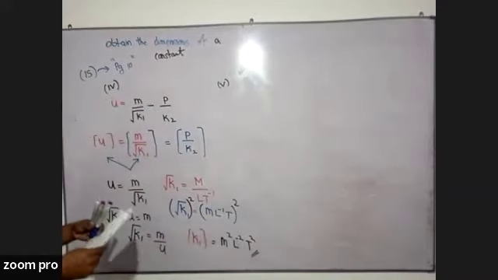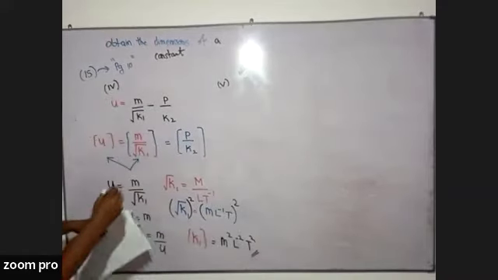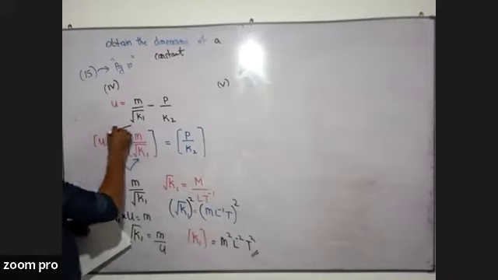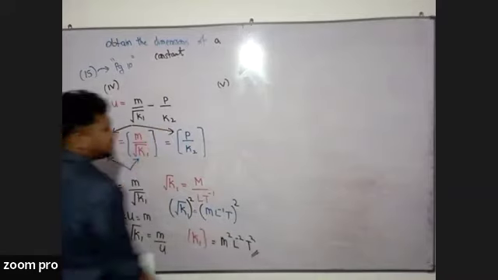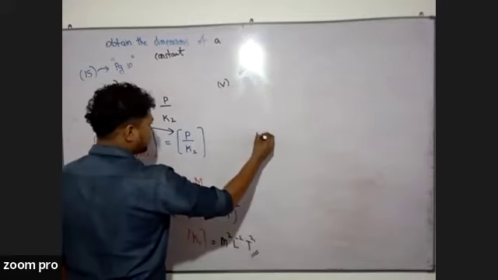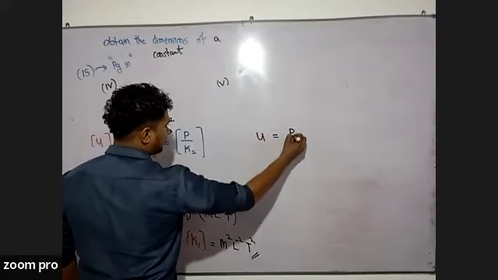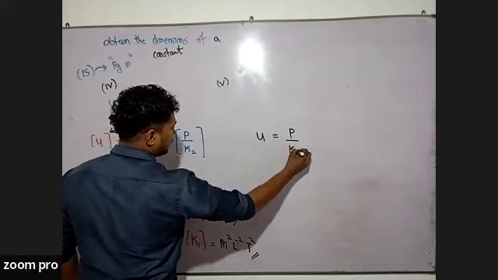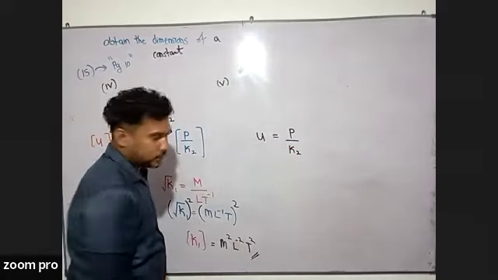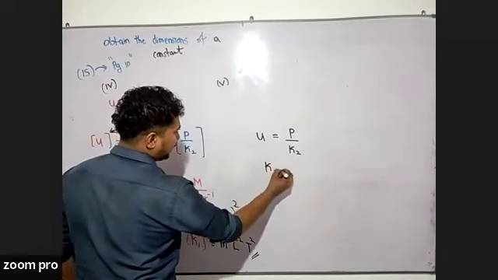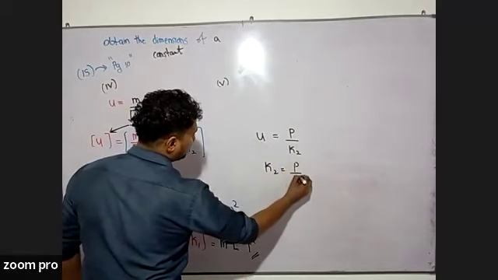To obtain the dimensions of K2, I'm considering these two units, right? Then the dimensions of U should be equal to the dimensions of P over K2. So if I make K2 the subject, then K2 equals P over U, right?